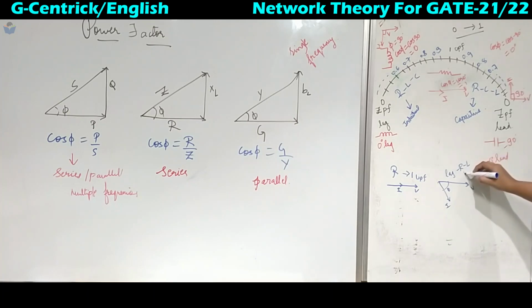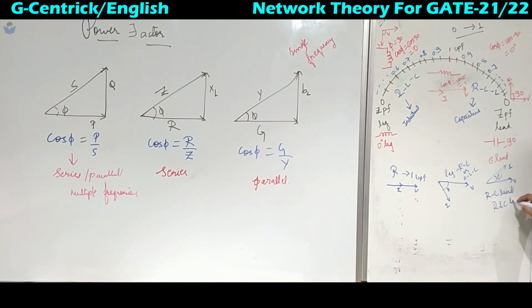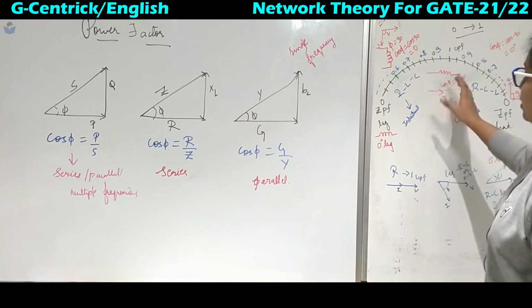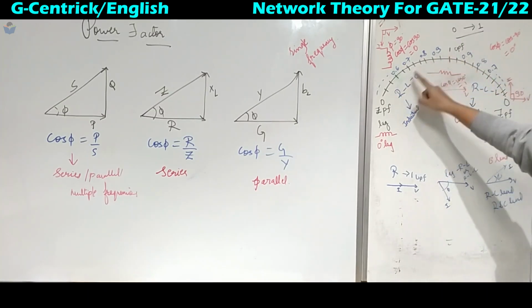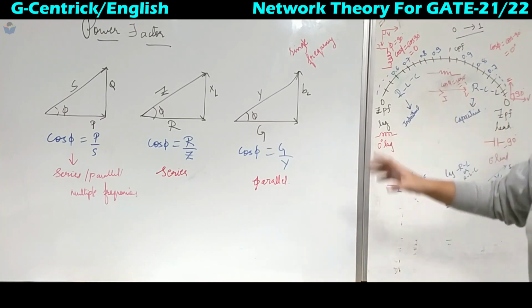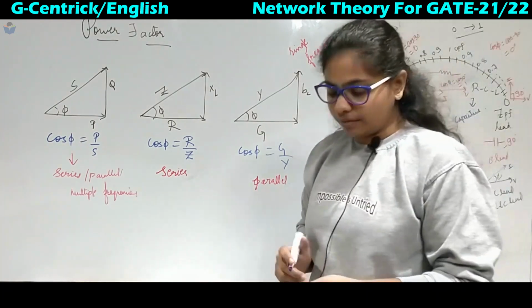It can be RLC also when the inductor is dominating. And here we have V and I with phi leading. So this will be an RC lead network, or an RLC lead network when the capacitor is dominating. Basically we have to write lag and lead. Otherwise, because of the same values on both sides of the analog meter, we will not understand which type of network it is.